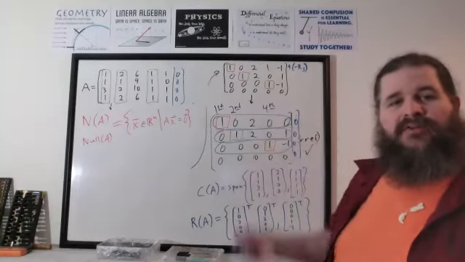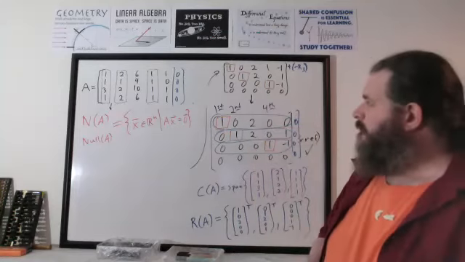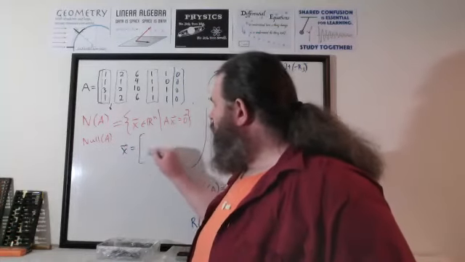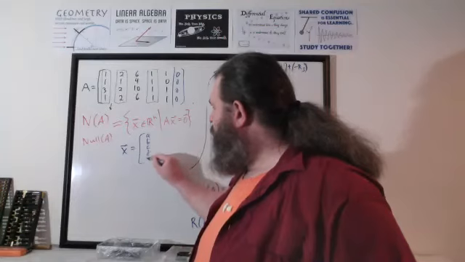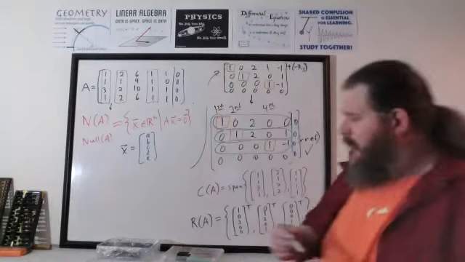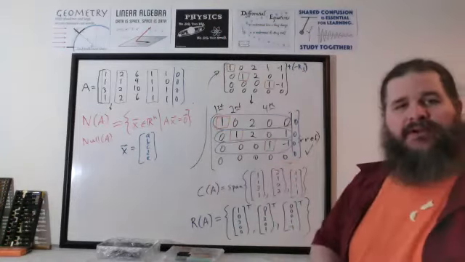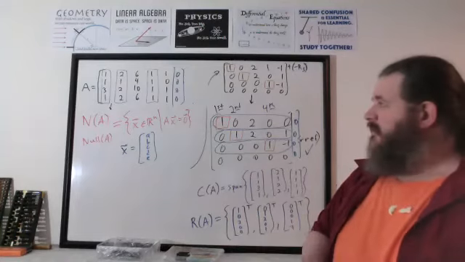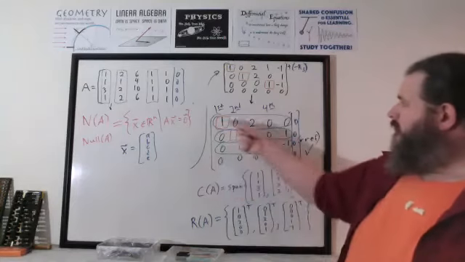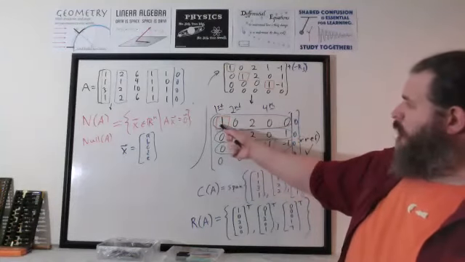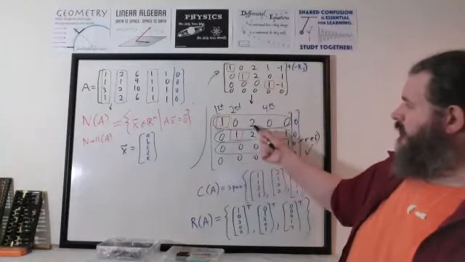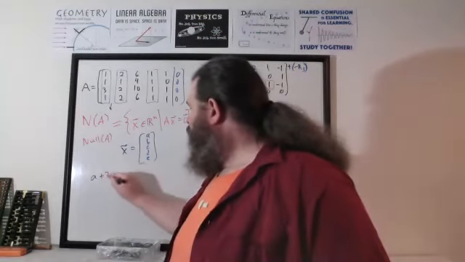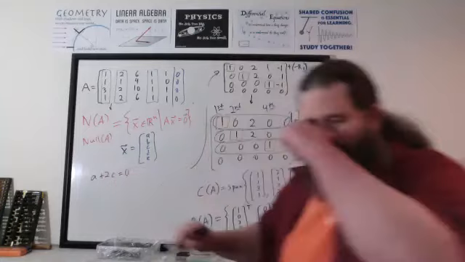Each one of these rows can now be rewritten as an equation. Let's say vector x is, let's just call this A, B, C, D, E for now. If we rewrite each of these rows as an equation, then we'll have a much simpler system of equations than the original. So for instance, first row, we have 1A plus 2C and no B, D, or E at all. So A plus 2C equals 0.